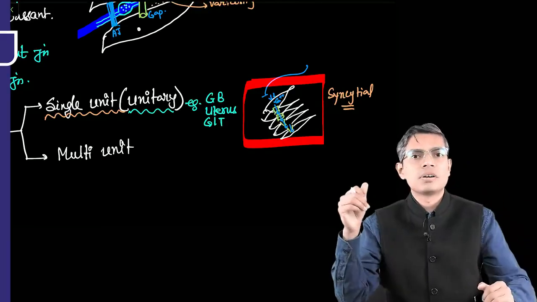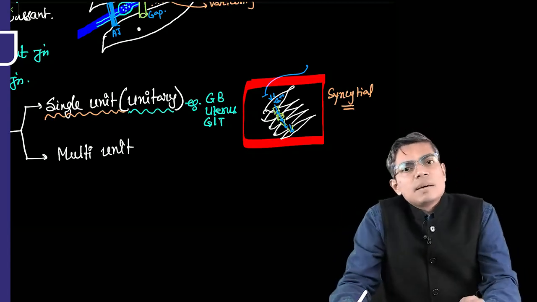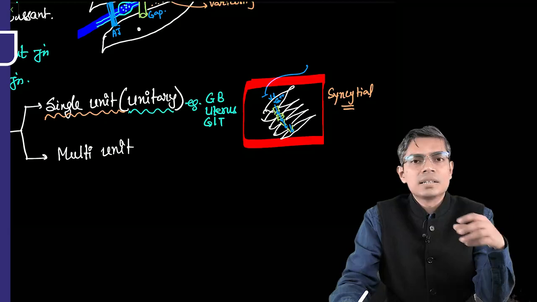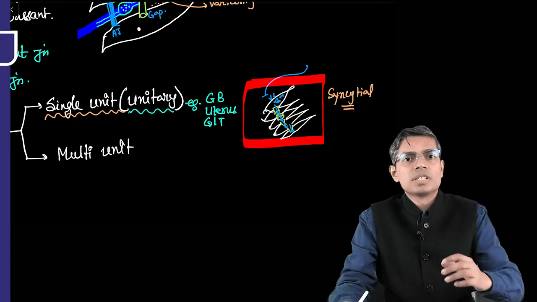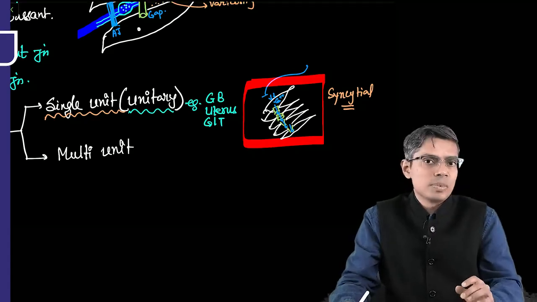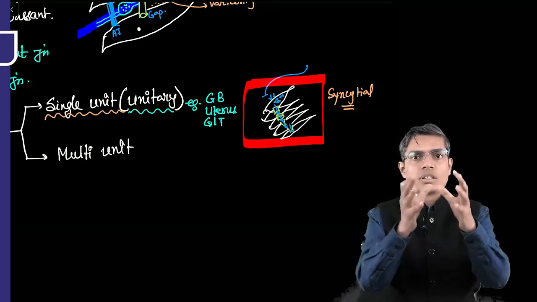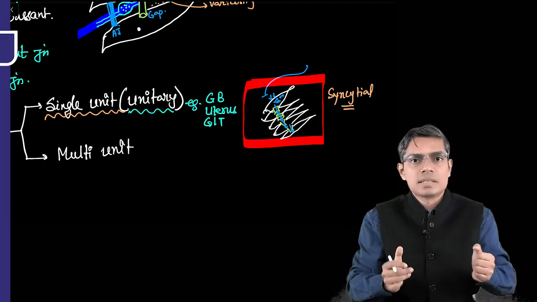A large part of the duodenum is contracting. How is the large part of the duodenum contracting? Because multiple gap junctions are connecting the duodenal smooth muscle. So the gallbladder, ureter, uterus, GIT, all these are examples of single unit or unitary smooth muscle. Unitary smooth muscle means the contraction will be gross contraction. A large part of the muscle is contracting simultaneously.